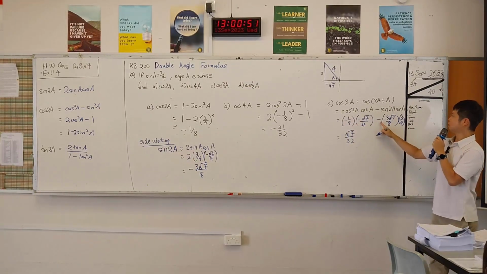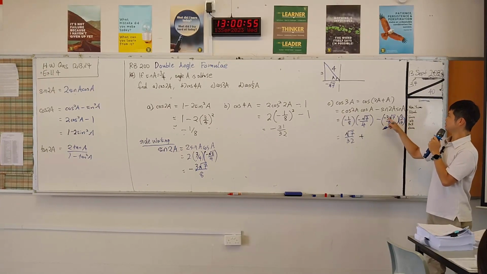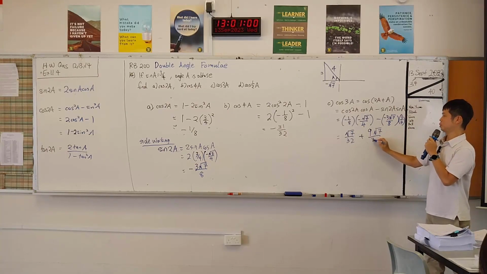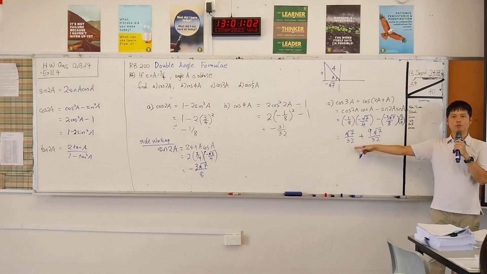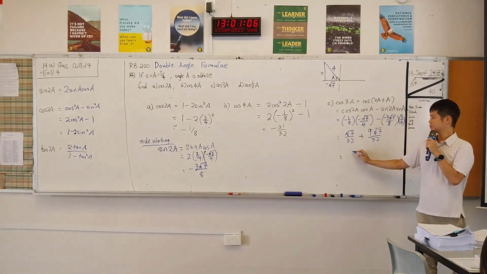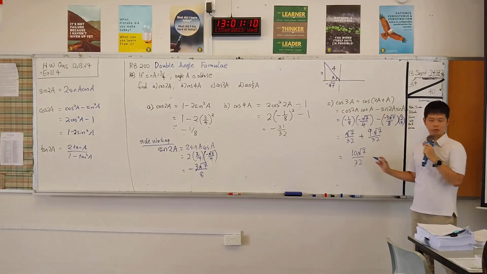This one becomes 9 square root 7 over 32. I'm very happy because this is over 32, this is over 32. The final answer is 10 square root 7 over 32.